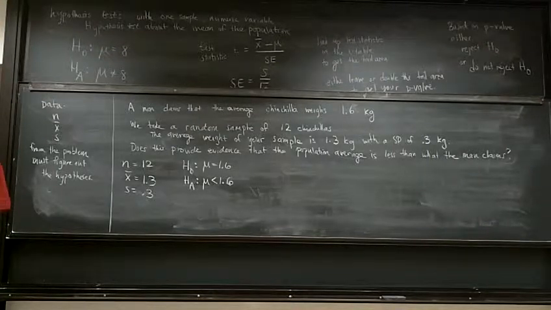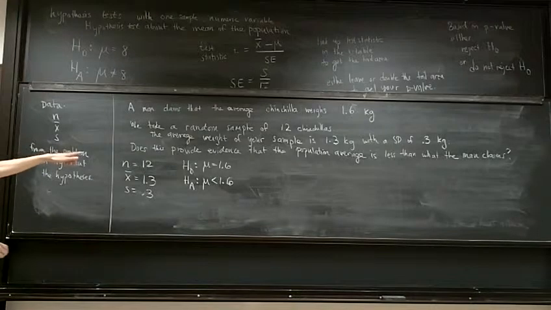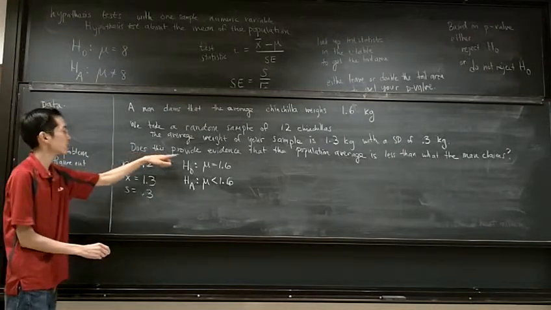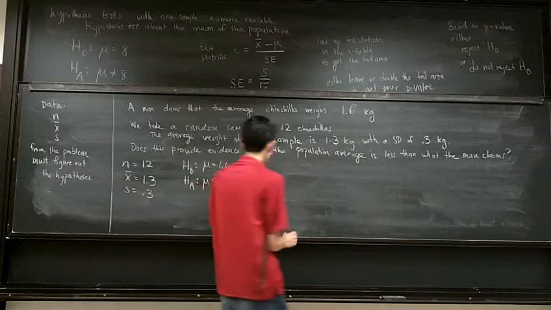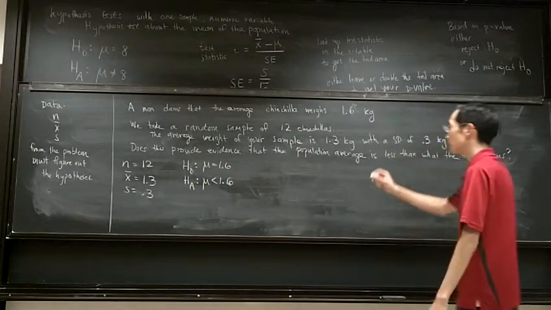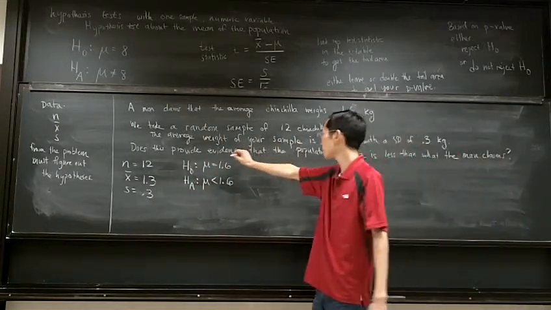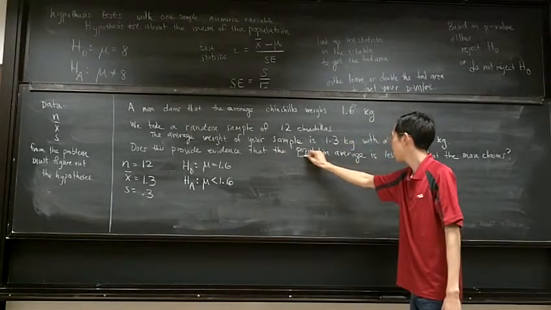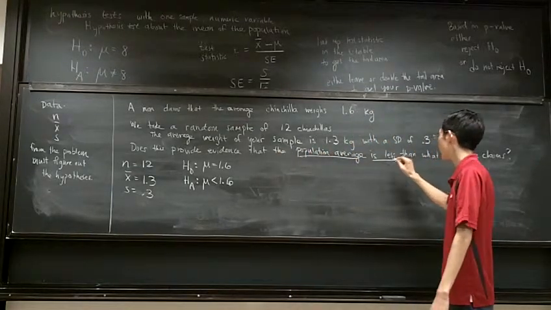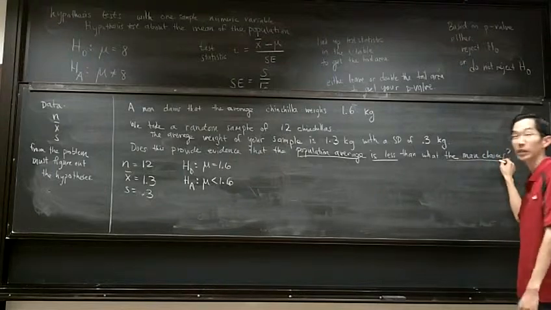So is it less because our mean is 1.3, the average of our sample? The question reads, does this provide evidence that the population average is less than what the man claims?